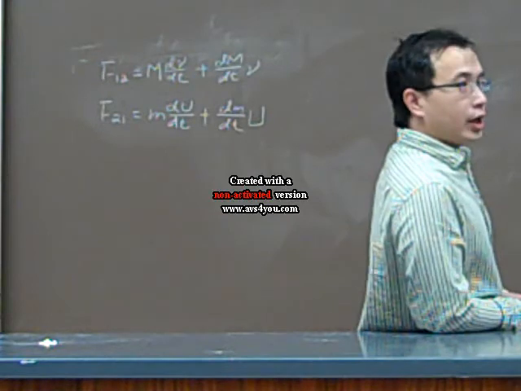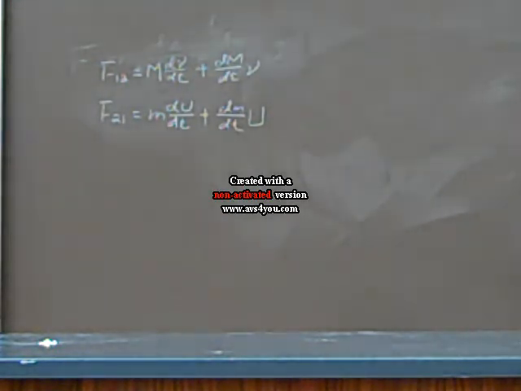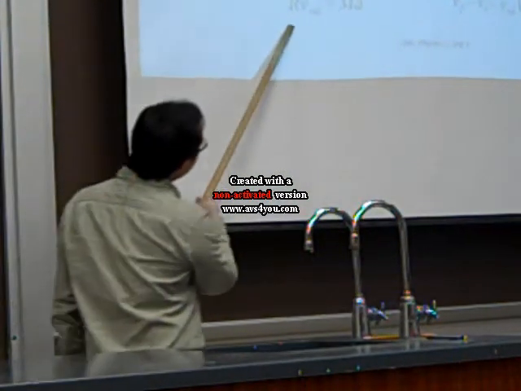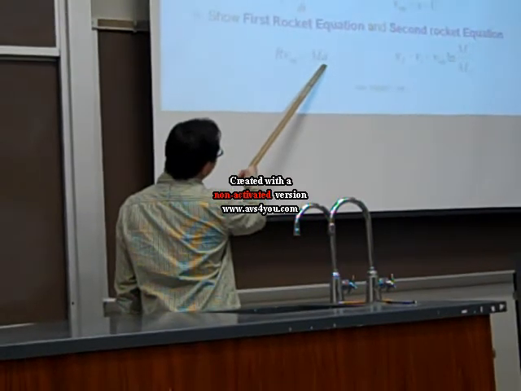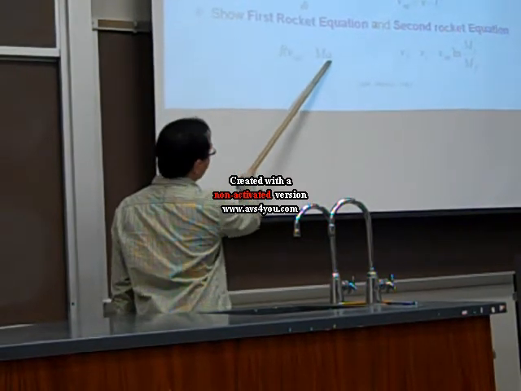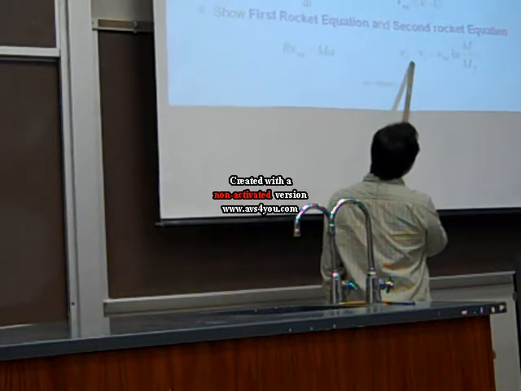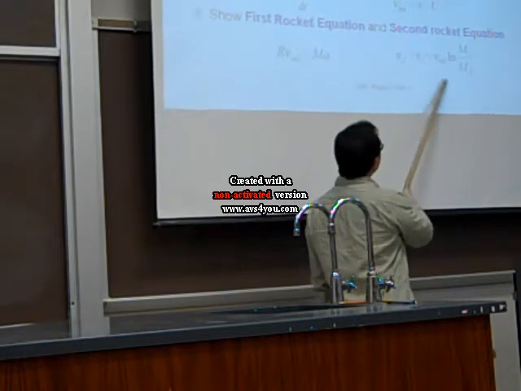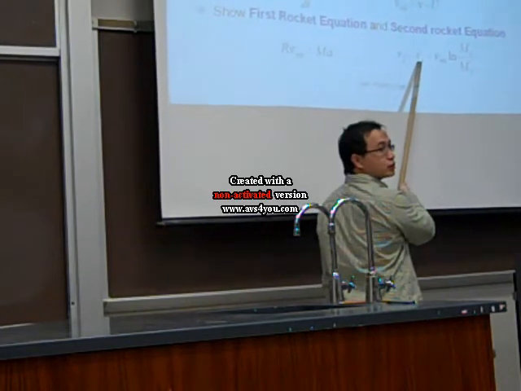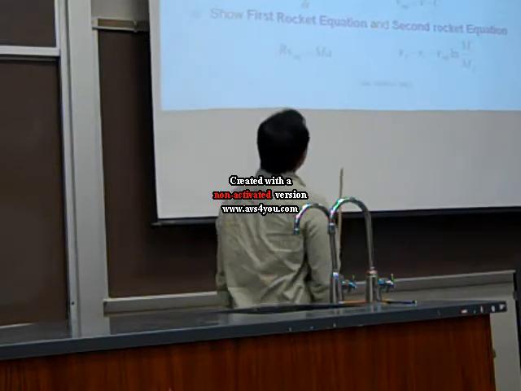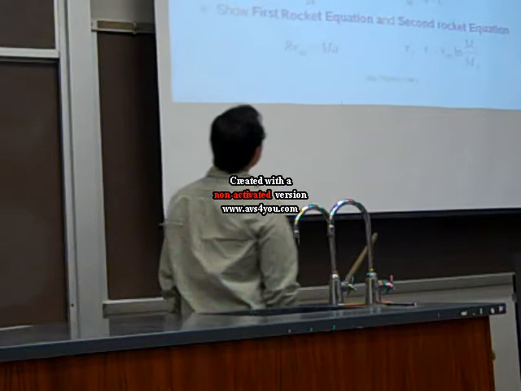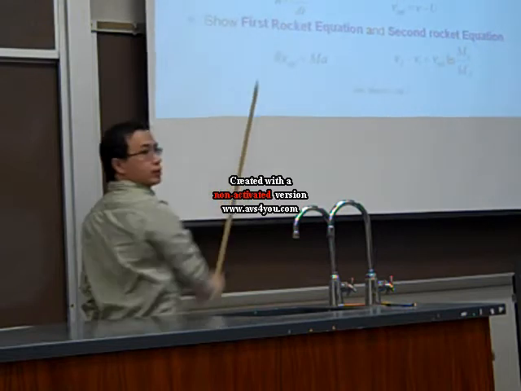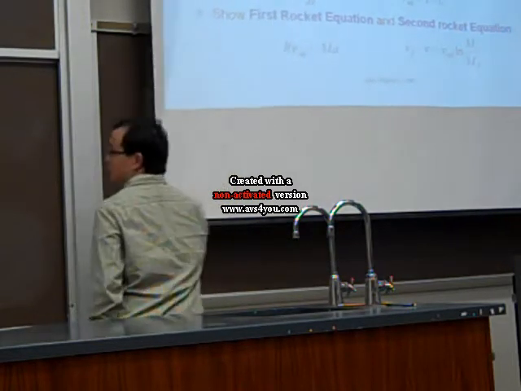What we are going to do is calculate the first rocket equation and the so-called second rocket equation. The first rocket equation will give you the acceleration of the rocket. The second rocket equation will give you the velocity change, that is, V final minus V initial. Here we want to introduce some terms. One is the rocket mass loss rate, R, which is dm dt.